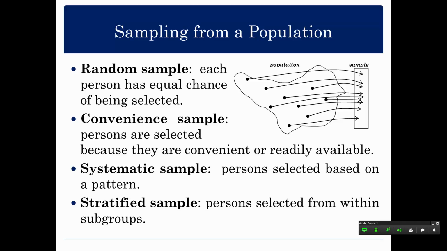We never really have one of these, do we? We usually have what's called a convenience sample, which is defined as persons that are selected because they're convenient or readily available. These are the people, the patients that walk into our clinic or into our hospital, or whose medical records that we have available to us.